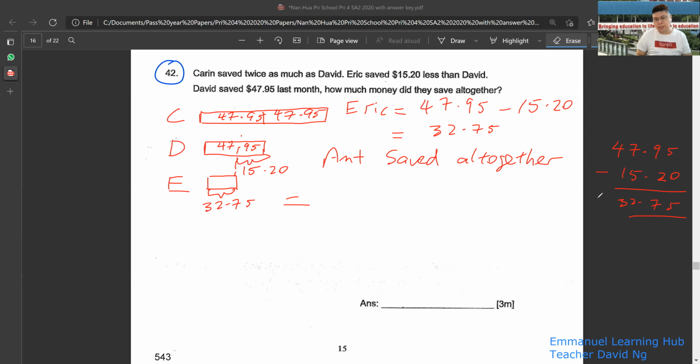From the model, you can do what? 47.95 plus 32.75, then plus 47.95 plus 47.95. Correct.